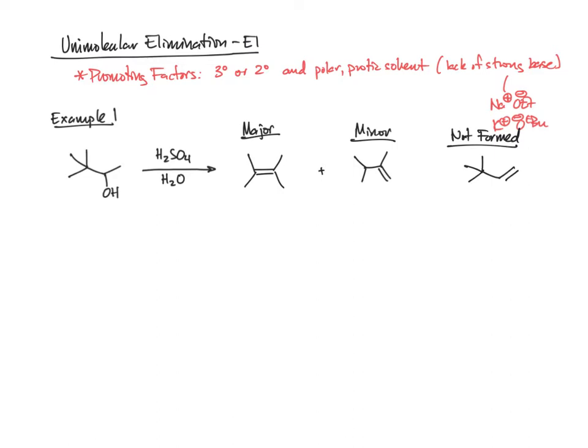So let's go through and number some carbon backbones, name these things so we can communicate about what's happening through the mechanism. So our starting alcohol, we'll just number the chain 1, 2, 3, 4. That's the longest chain. So if we were to name that, we would have 3,3-dimethyl-2-butanol.